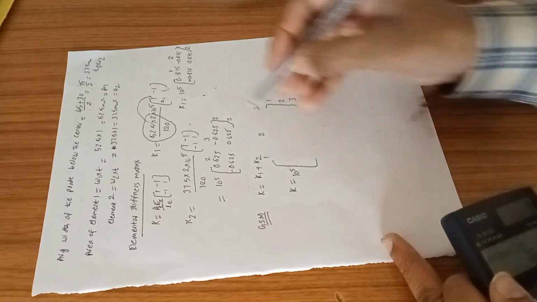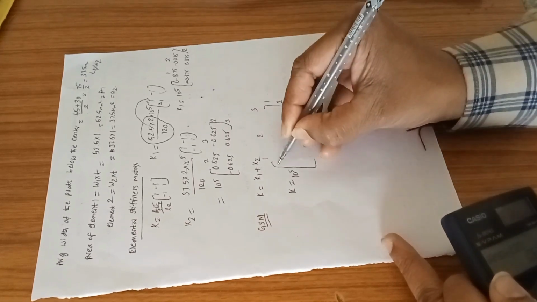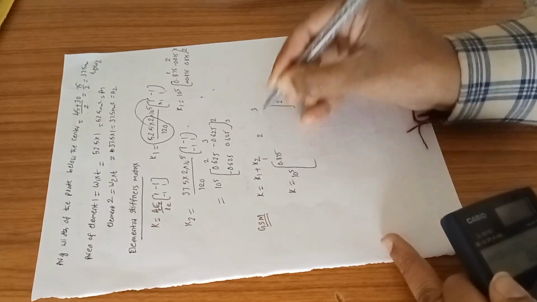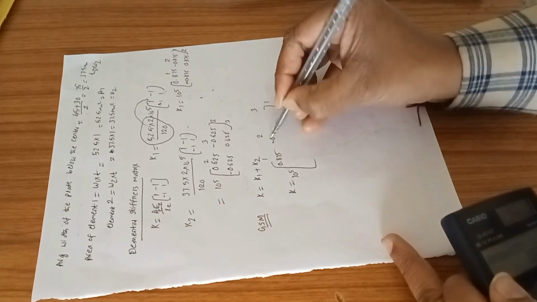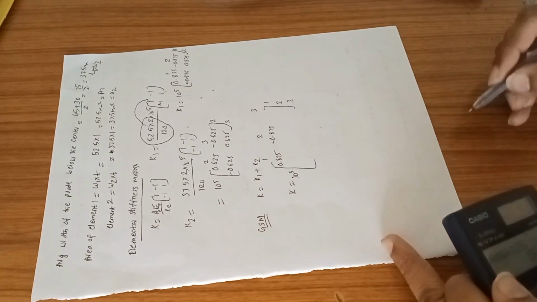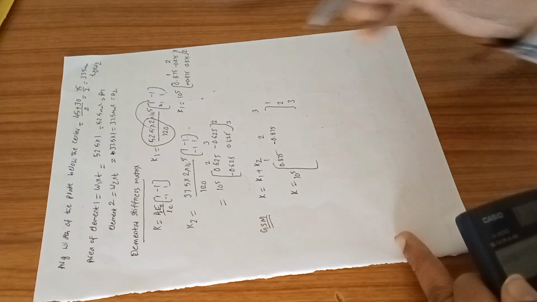You know that well. At 1 and 1 we have only 0.875. At 2 and 1 you have minus 0.875. I have told you how to add these elemental stiffness matrices many times in the previous videos.